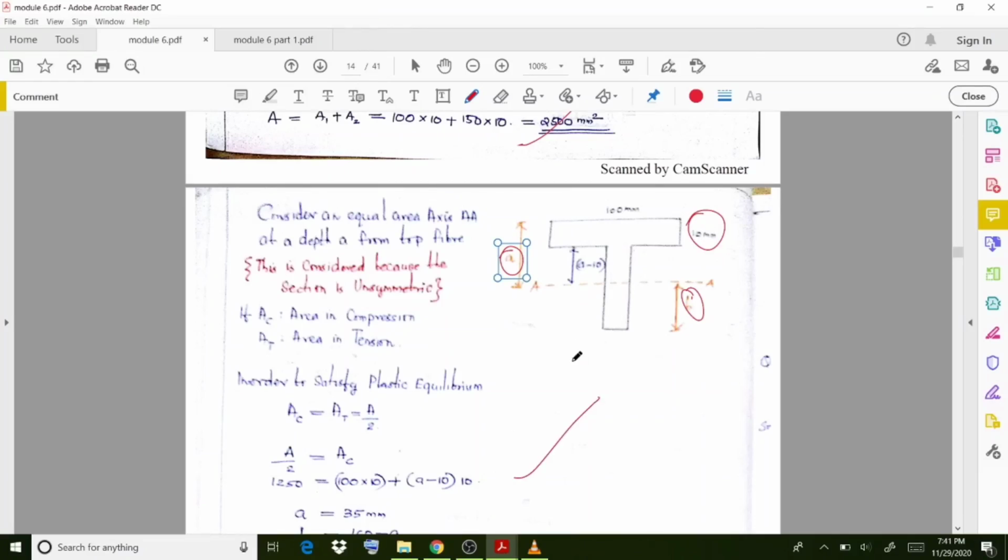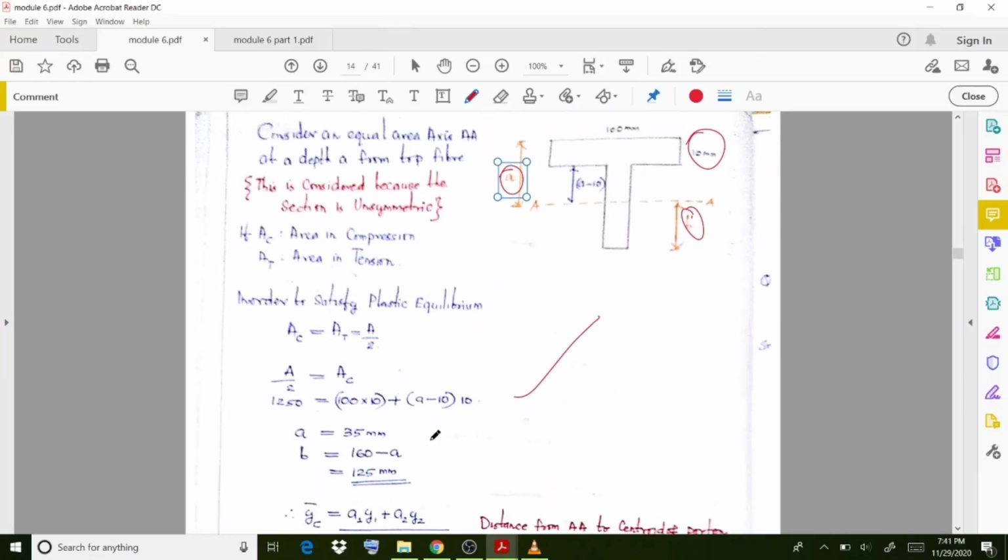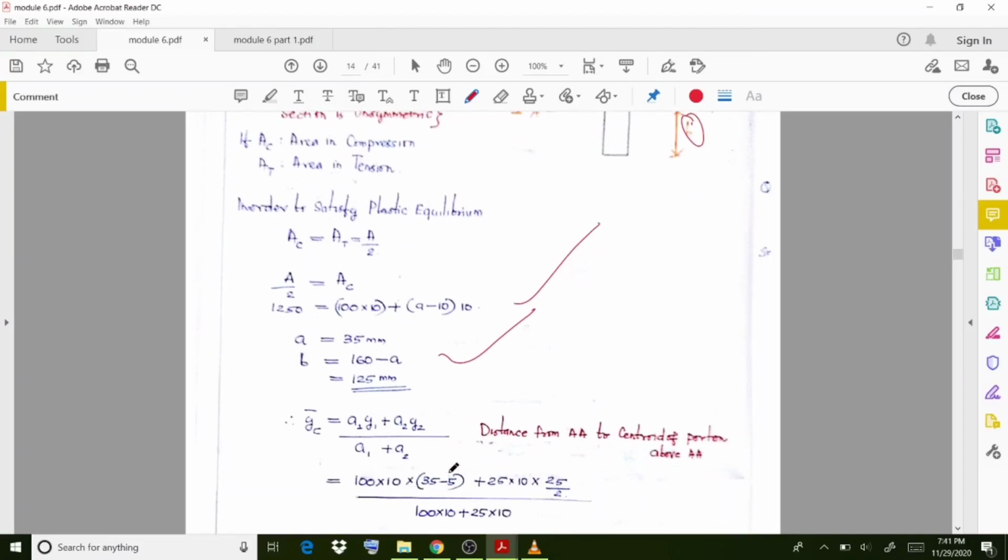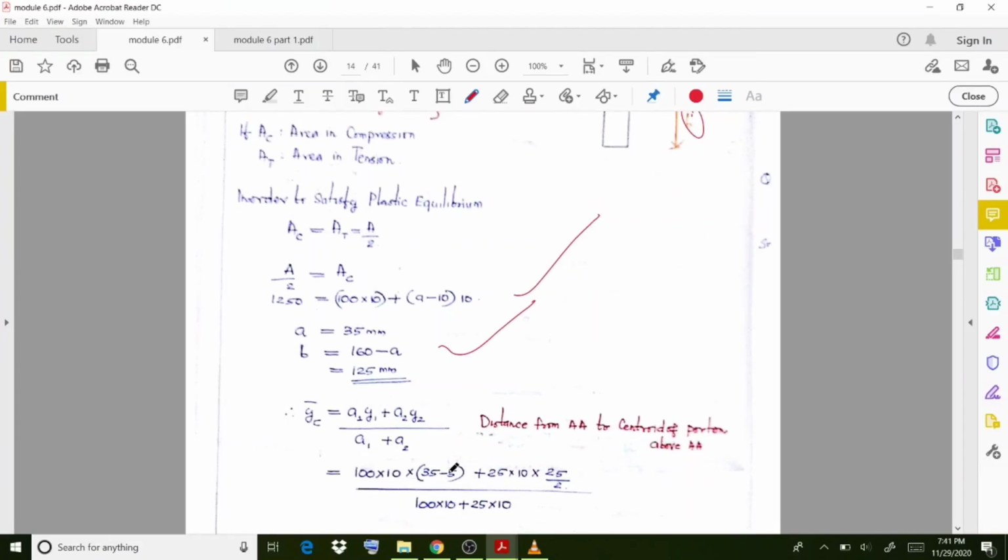You will get the A value and this B value. Very easily you can calculate this A value and B value. With the help of these, you can calculate the centers of gravity for compression and tension. So A1 y1 plus A2 y2 divided by A1 plus A2.